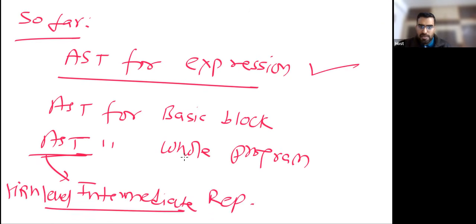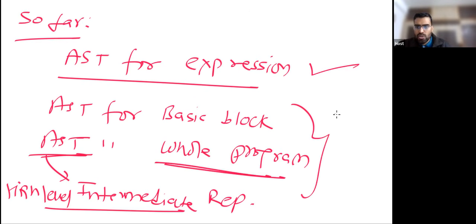So you can create it for the whole program or for a basic block, but we will not study this. You can skip these things; no one is going to ask you. What is important is the abstract syntax tree for an expression.